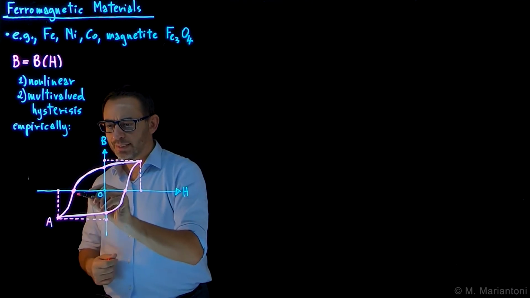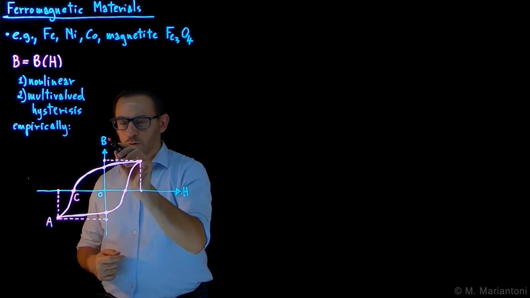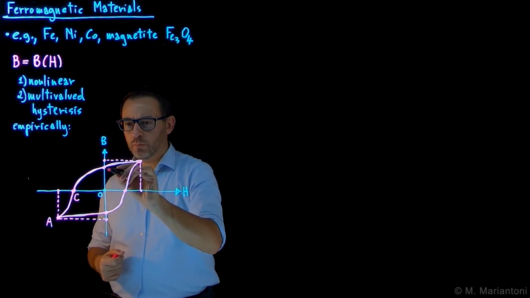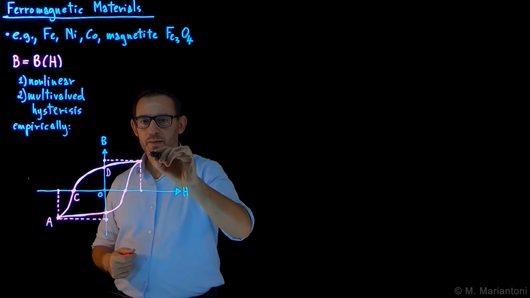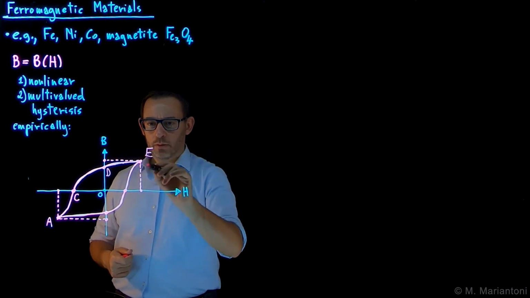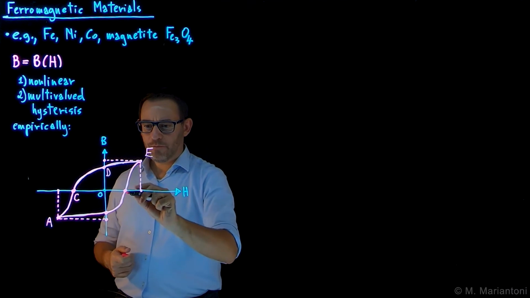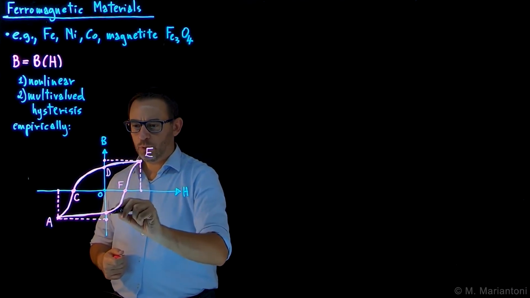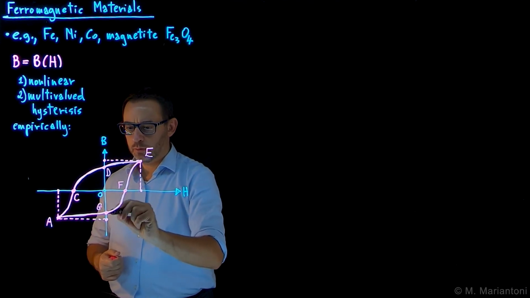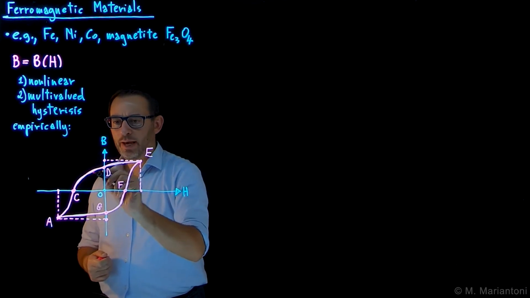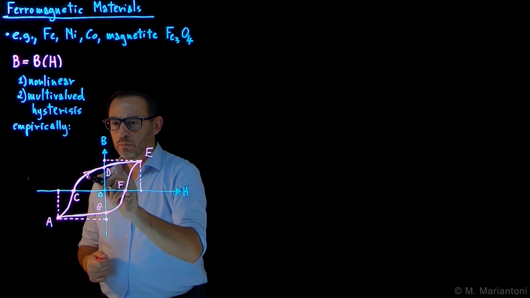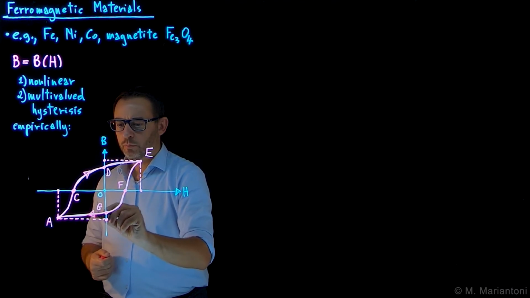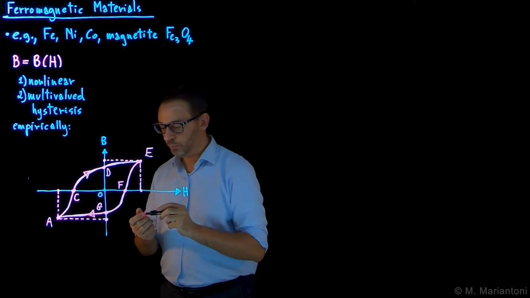So this point we call it C. Again, not to confuse it with B, so I skip B. D is this point here. E is this point here. F is this point here. And G is this point down here. Back to A, so we go in this direction. And we come back in this direction. This is a typical hysteresis.